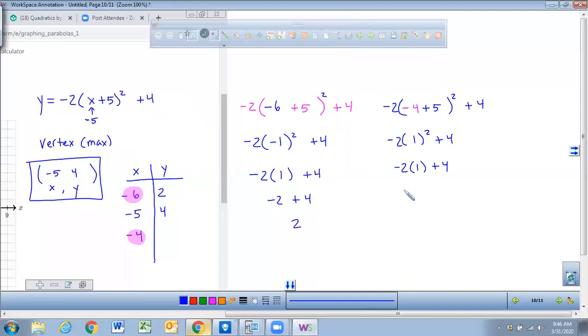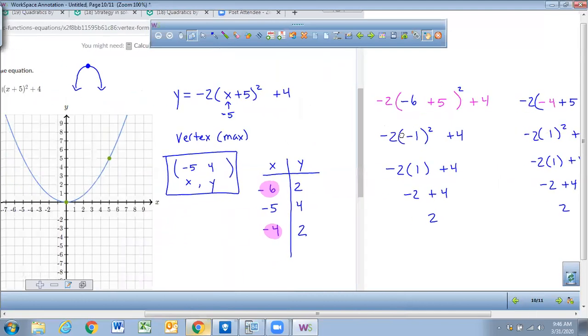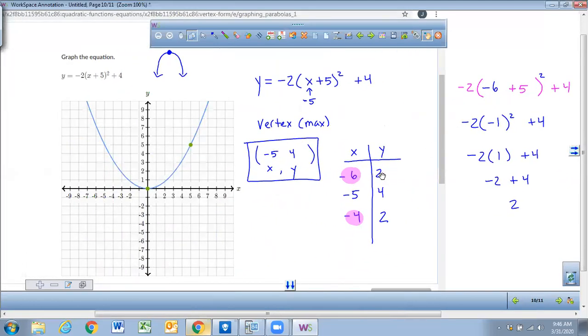Negative 2 times 1 is negative 2, plus 4, and you still get the same points. So the 2 points that I'm going to use on this graph are negative 6, 2 and negative 5, 4, or negative 5, 4 and negative 4, 2. That's how you would do it by hand.